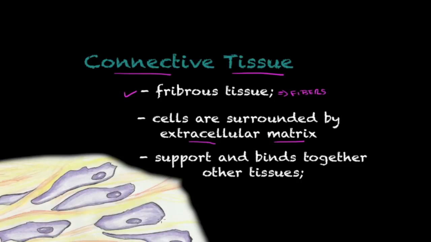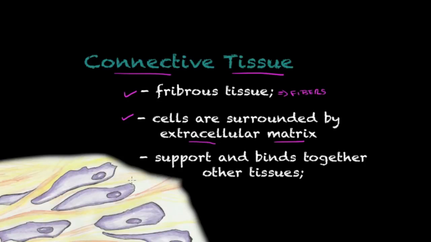As you can see, they are not as closely or tightly packed together as in other tissues such as epithelium, because those other tissues are closely packed together, but in connective tissue, cells are surrounded by this extracellular matrix.